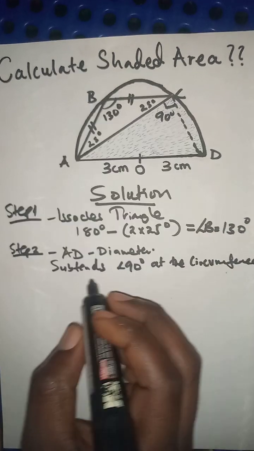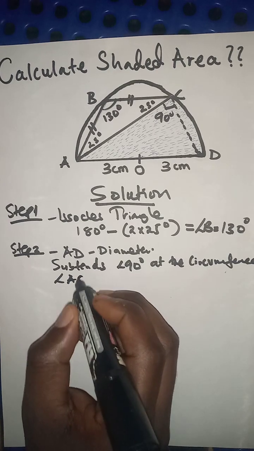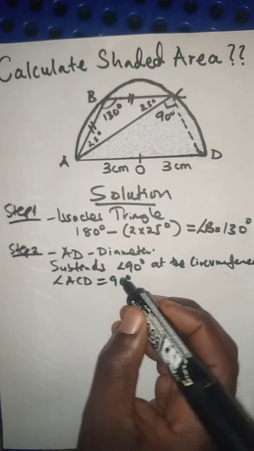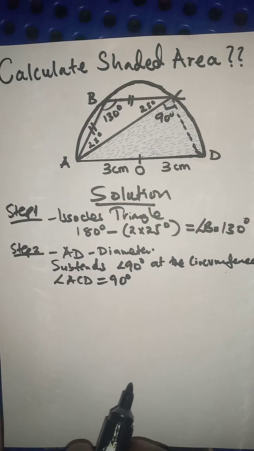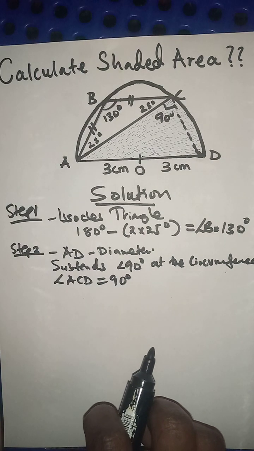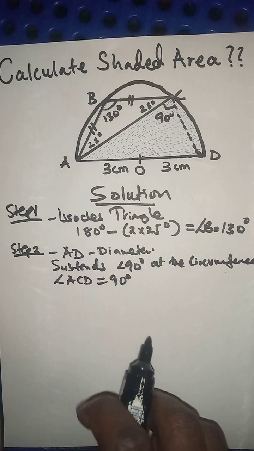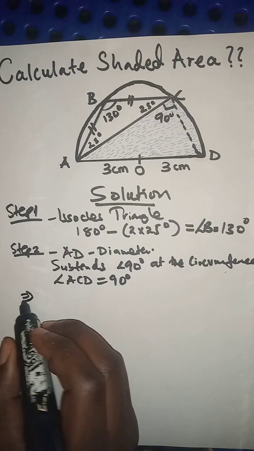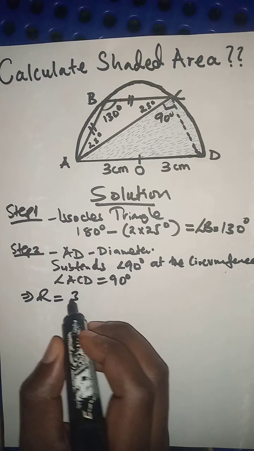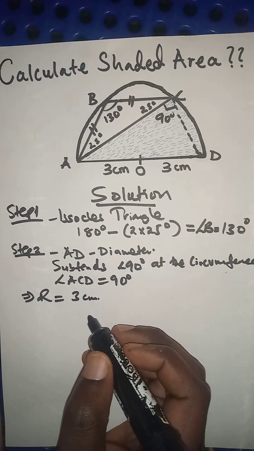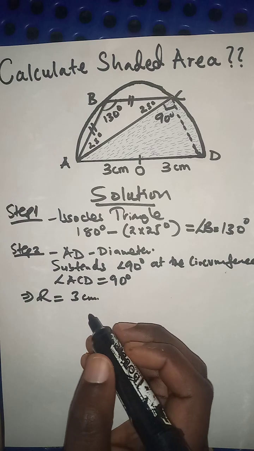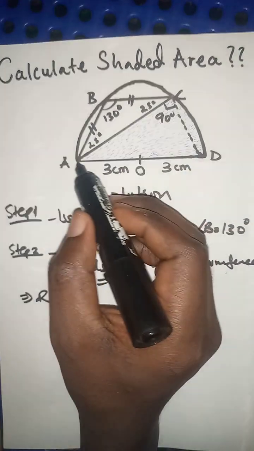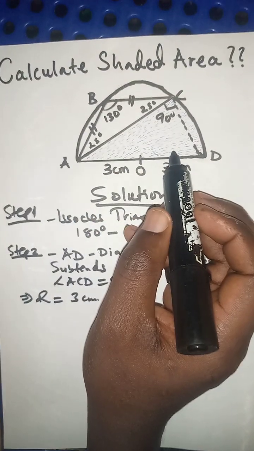So that means angle ACD, it goes without saying, is 90 degrees. And we are given that the radius is 3 centimeters, and the diameter will also be 6.